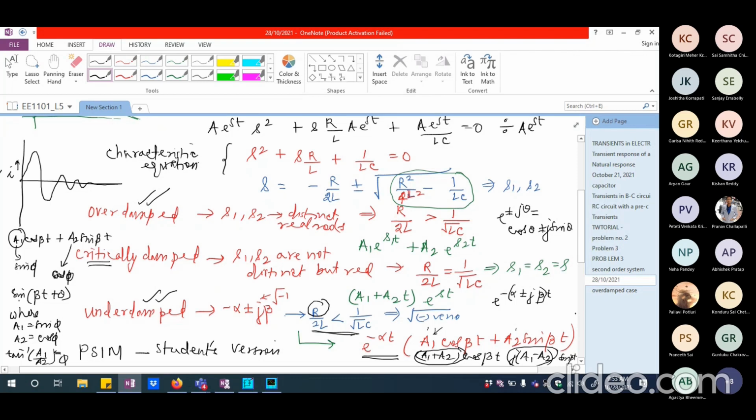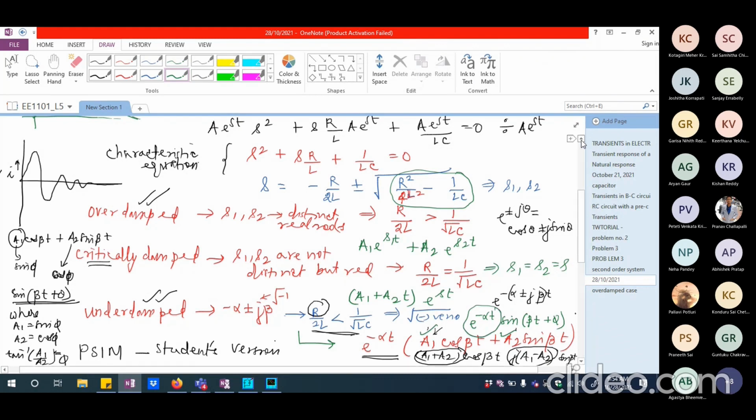So I am showing this as a sinusoidal function ultimately. I should be able to write this as e power minus alpha t multiplied by sine of beta t plus phi, where this phi is determined by the constants a1 and a2. This clearly tells me it is a sinusoidal function whose peak is exponentially decaying.